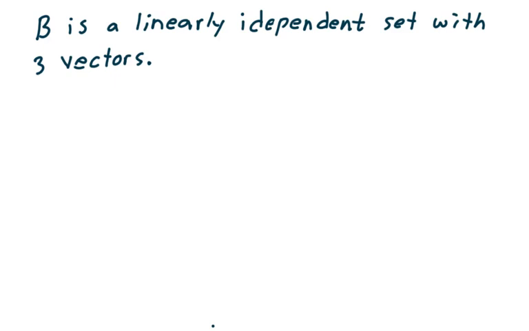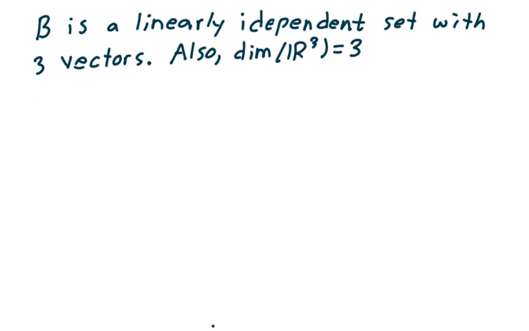Now, here's the thing. This is really important. We want to show B is a linearly independent set with 3 vectors. Also, this must be stated. The dimension of R3 is 3 because we have the standard basis, right? The standard basis for R3 has 3 vectors in it, which tells me that the dimension of R3 is 3.